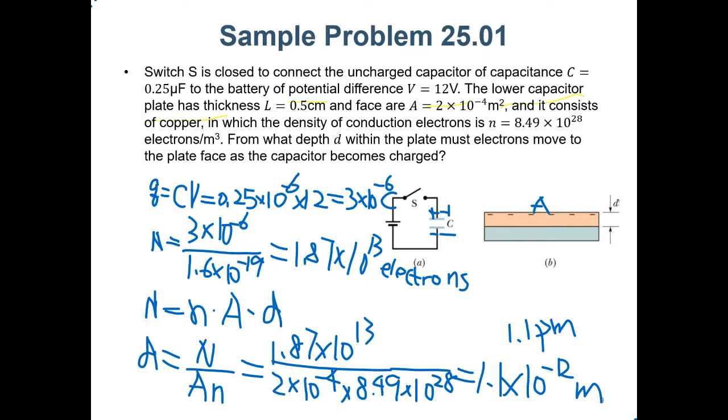It is arguable, but I don't think the density for the top plate will be the same, because the bottom is the electron, and the top part is the nuclei. The top part has positive charge due to the free electrons moving away.